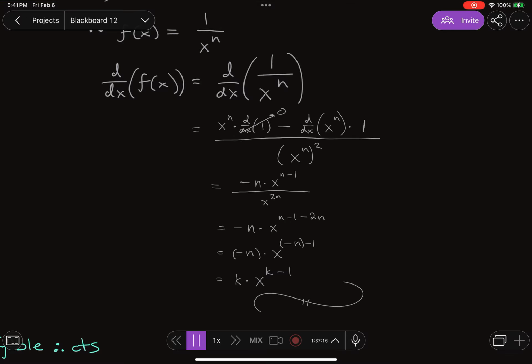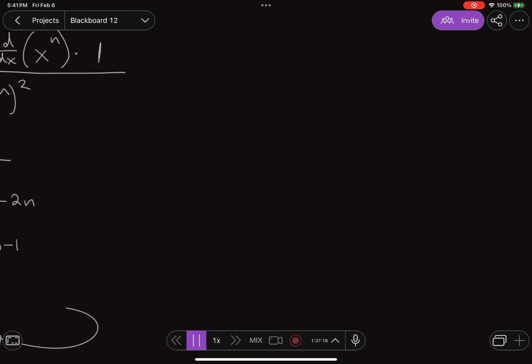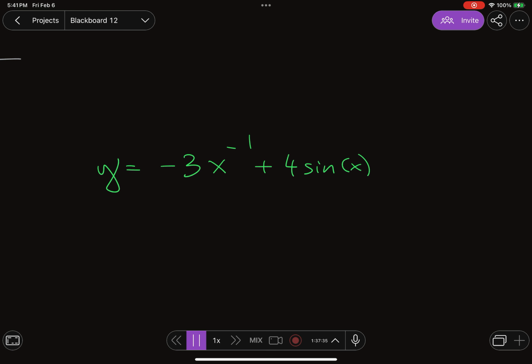Maybe I'll do like one example to cap this off. We can now take the derivative of a function. If our function maybe looks like this, negative 3 times x to the negative 1 plus 4 sine of x, and then I'll do minus 2 times the square root of x.